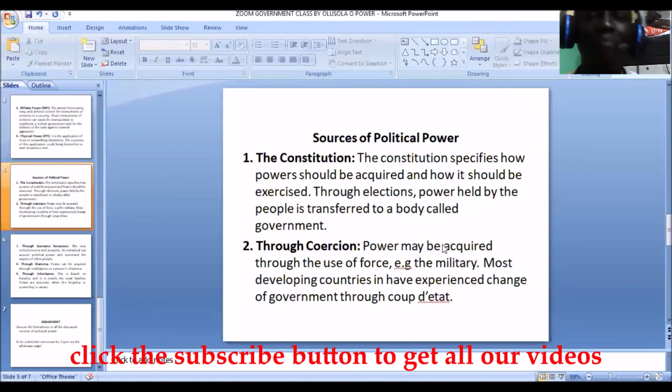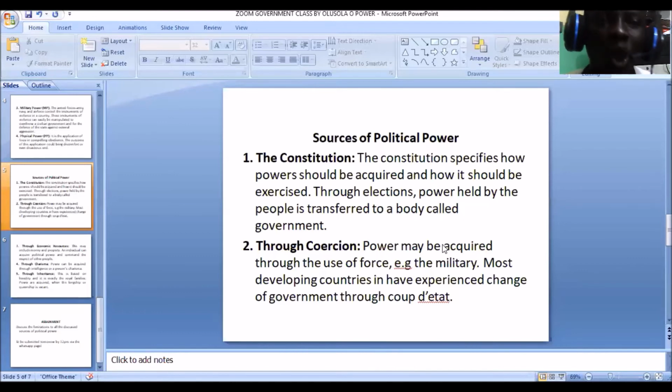Then political power can be attained through what we call coercion. Coercion means force. And this can only happen by the military, people who have the instrument of power or the instrument of violence.